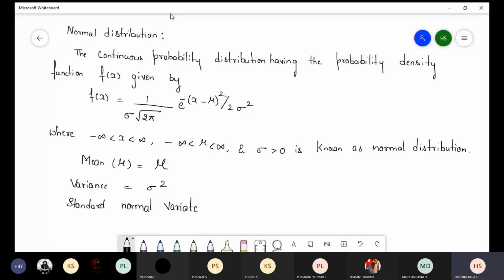This we will write as z is equal to x minus mu divided by sigma. And one more formula, phi of z is equal to 1 divided by root 2 pi integral 0 to z e power minus z square divided by 2 into dz.